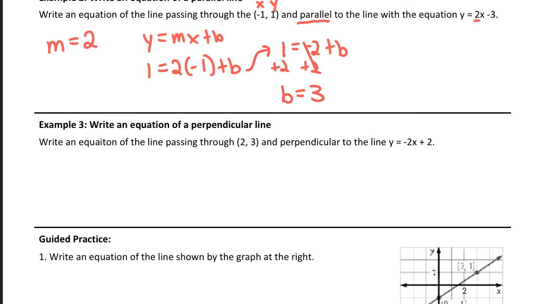I know my slope, I know my y-intercept, I can write my slope-intercept equation. y equals 2x plus 3. So when you're given a point, you are given an x value, you are given a y value. You substitute those values into this y equals mx plus b formula. And then you solve for the value you are looking for.